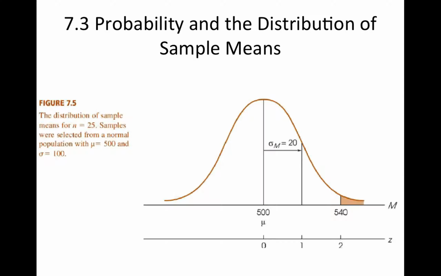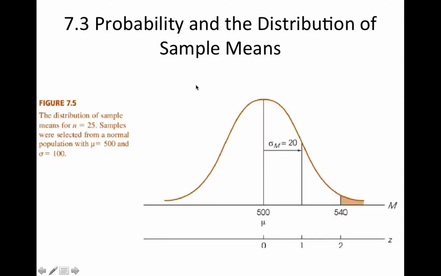So here, for example, is a distribution of sample means. Again, the sample size is at least 30, or we have a population that is normally distributed. And you can see over here in the caption it says the distribution of sample means for sample size of 25. Samples were selected from a normal population with a mean of 500 and a standard deviation of 100.